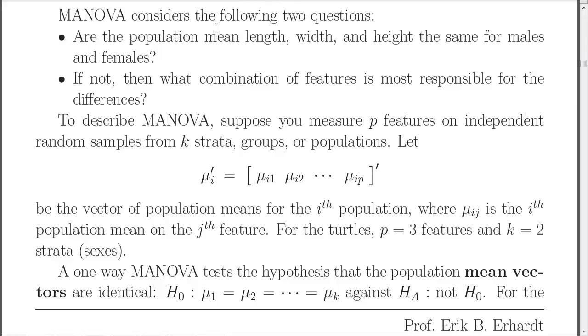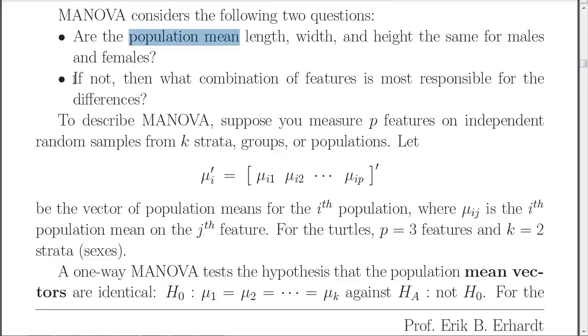And in fact, MANOVA considers the answers to these two questions. First, are the population mean length, width, and height, all considered together, the same for males and females? So it's a two-sample test, but with a vector response.